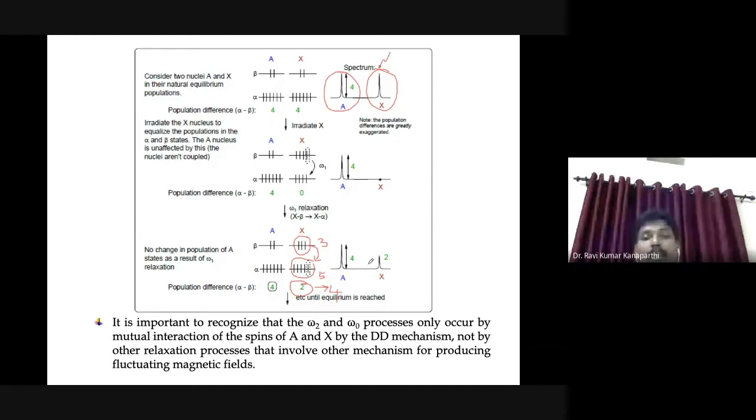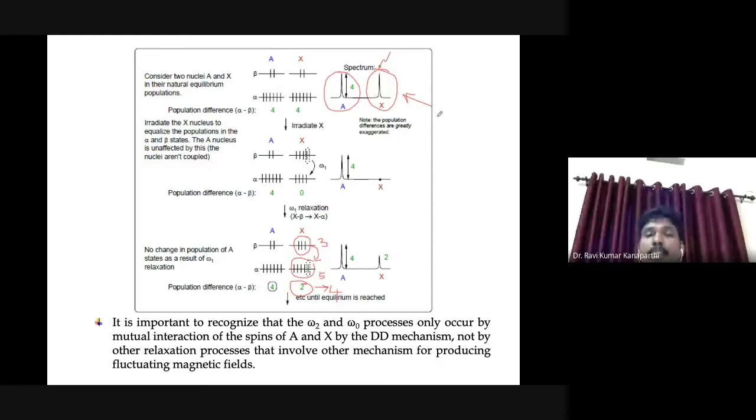And in this case, as you can notice, you irradiated one of the nuclei, and then slowly the intensity of that one comes back to the original state. Original state means this is the intensity, so it will come back to the same intensity as this one.